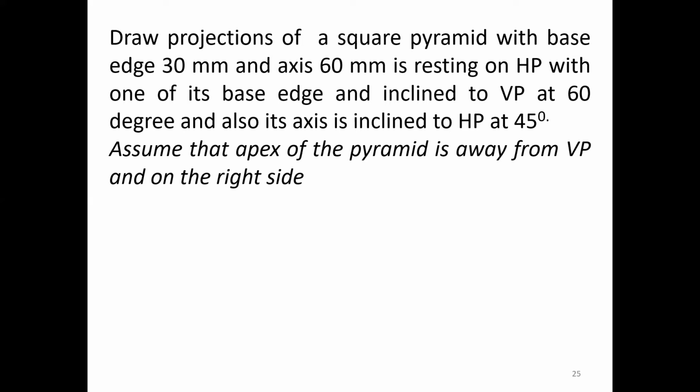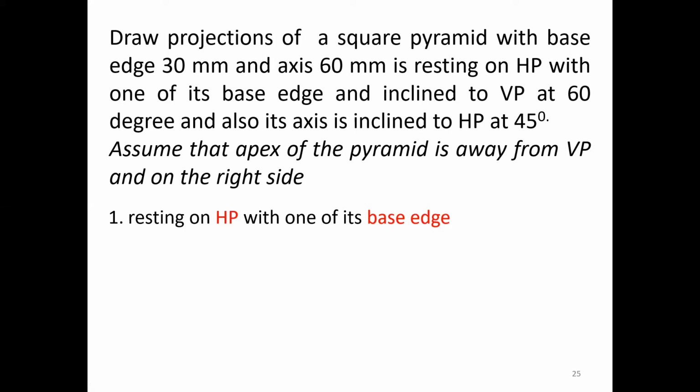In the third case, the resting base edge is inclined to the VP at 60 degree. This is visible in the top view on the horizontal plane. That will be our third top view. Let's see the conditions.